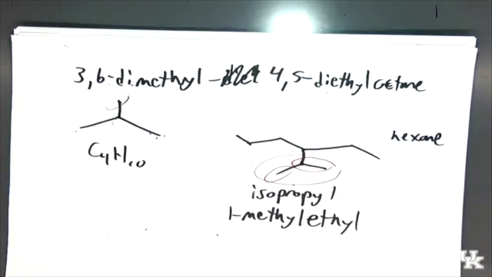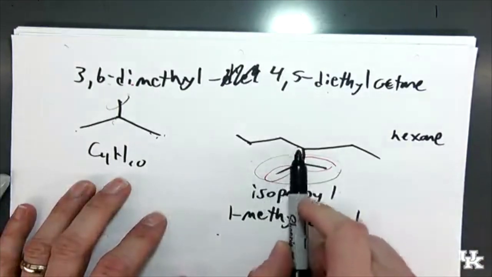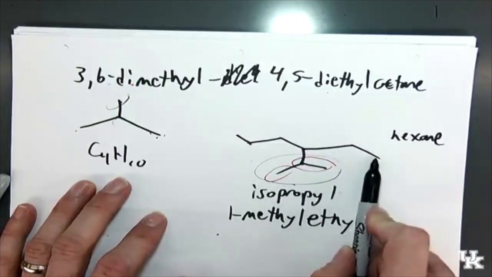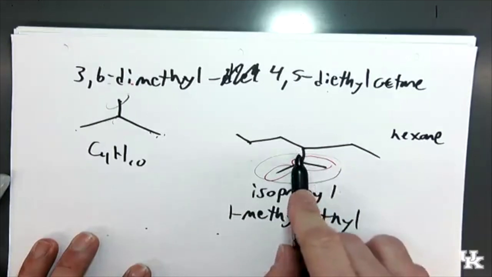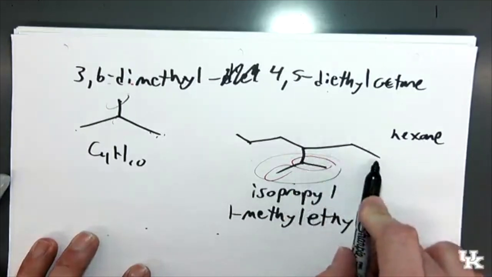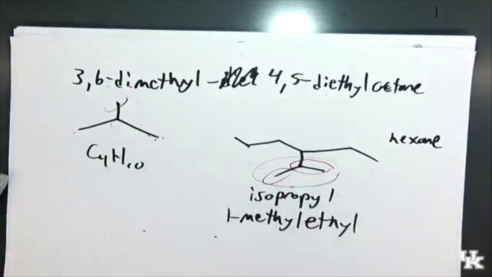No, I did it right, I think. Because if you do, there's 1, 2, 3, 4, 5 coming off the other side. This side? 1, 2, 3, 4, 5? The other side. 1, 2, 3, 4, 5. Oh, look at that. See how this is not an easy thing. This is why we need systematic naming, and coming up with something off the cuff is not so easy.